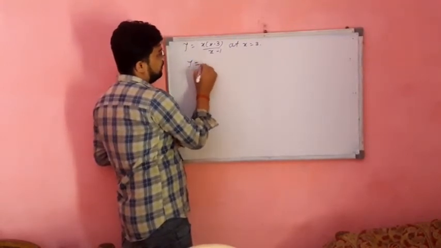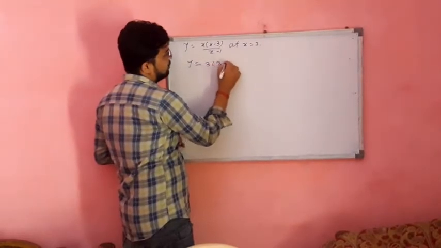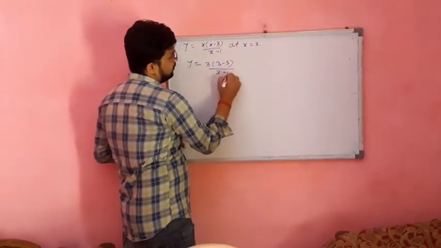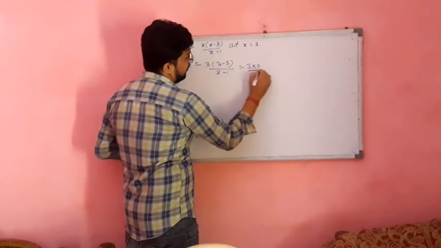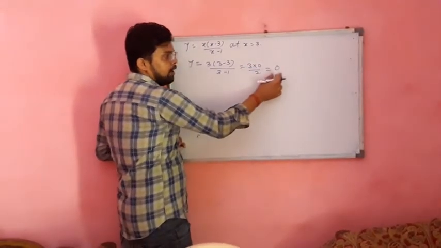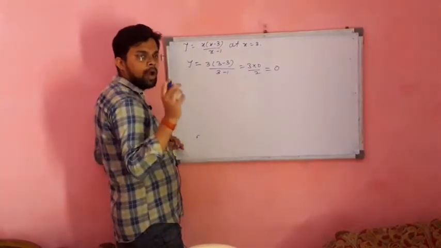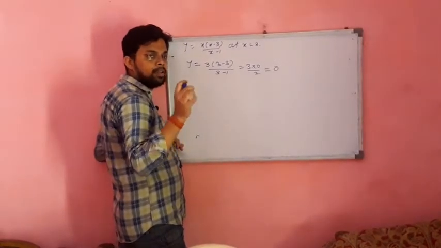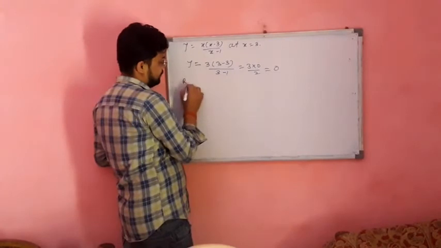I will get 3 into 3 minus 3 upon 3 minus 1, which is 3 into 0 upon 2, is equal to 0. At x is equal to 3 I get 0. Now I will find the RHL, which is the right hand limit of the function.